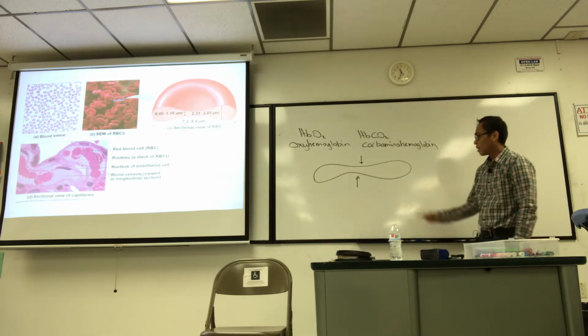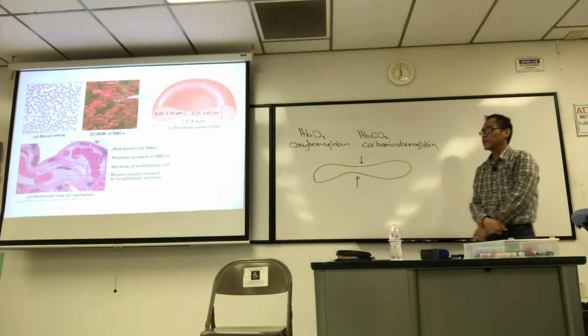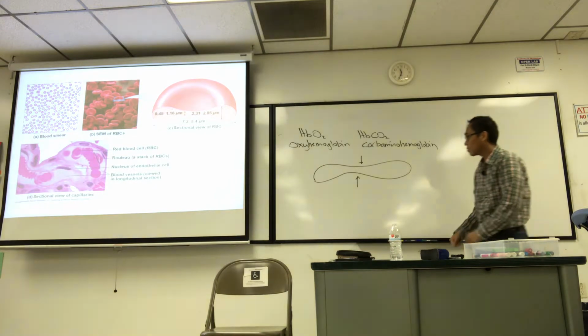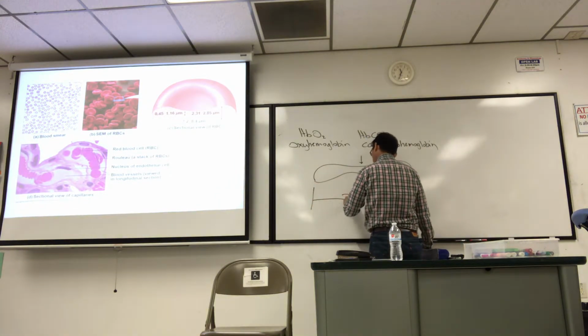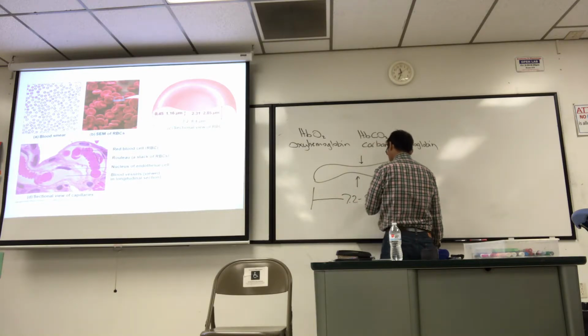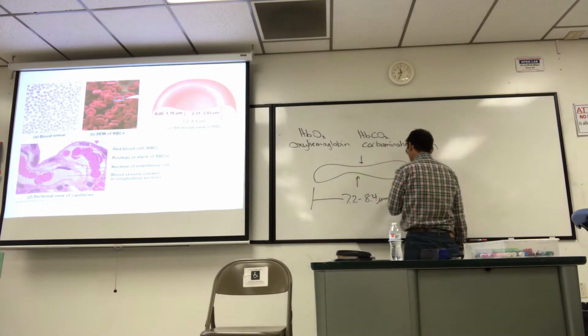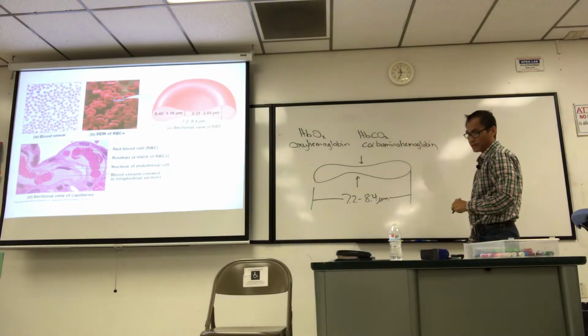So anywhere within the cell, there is a relatively short distance to the cell surface for easier gas exchange. And also, the average diameter is 7.2 to 8.4 microns. So that should be enough to squeeze through the capillary beds single file.